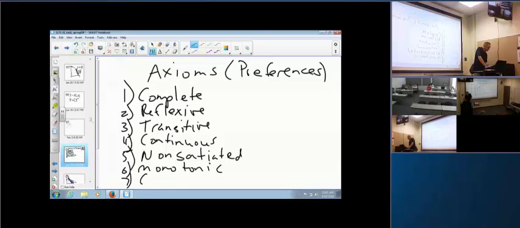And 7, your preferences have a shape to them, and that shape is convex.